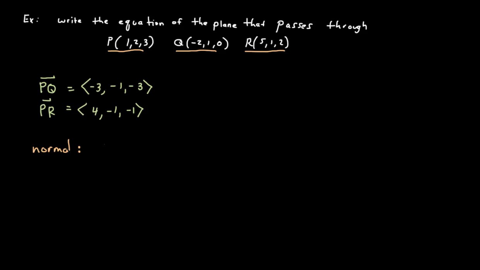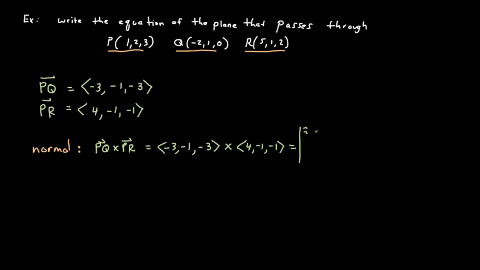Now to find the normal to the plane, I'm simply going to take the cross product of PQ and PR. To be thorough, I'm going to write out each of these. So that's PQ cross PR. We set up this little diagram.